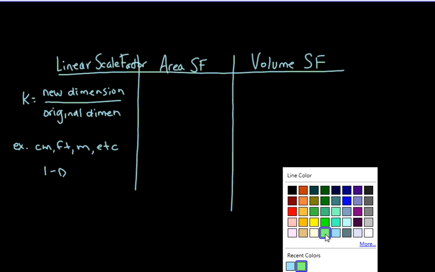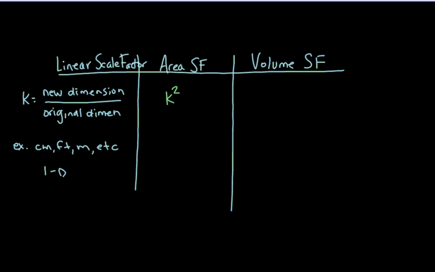Well, area scale factor is often known as K squared. So we can get it by taking our linear scale factor and squaring it. So if my linear scale factor was 2, then our area scale factor would be 4, because we have to increase both those dimensions by 2, and then 2 times 2 is 4.